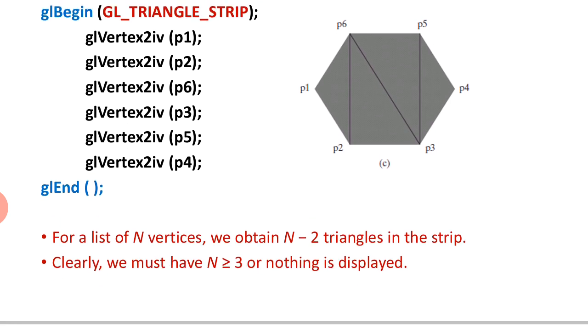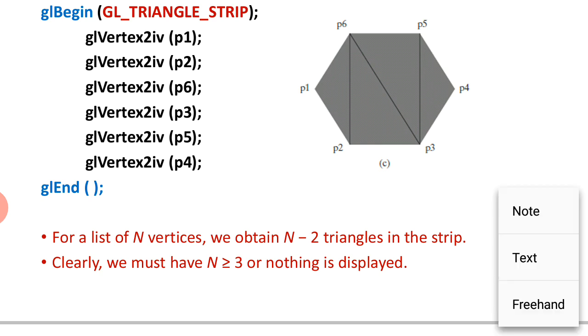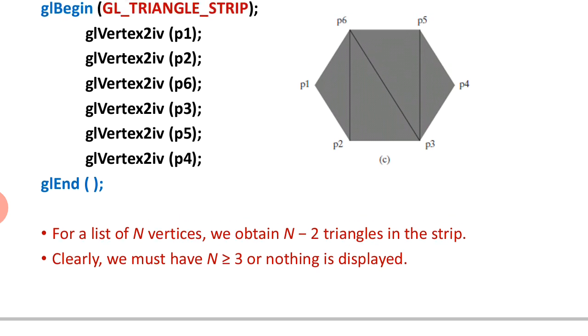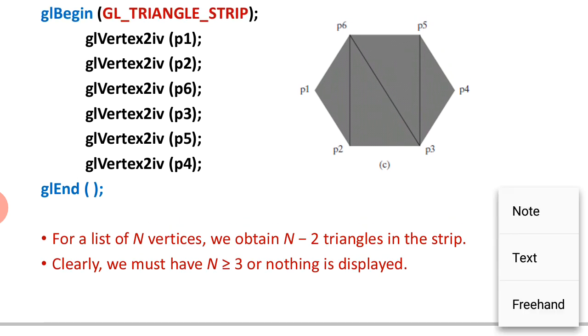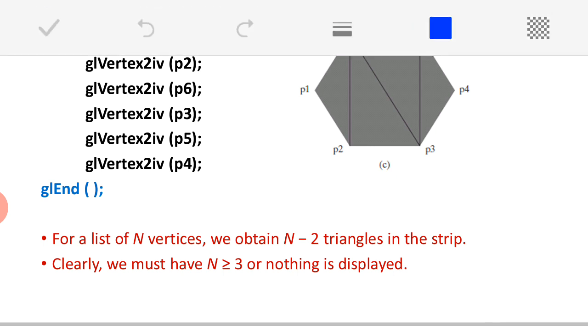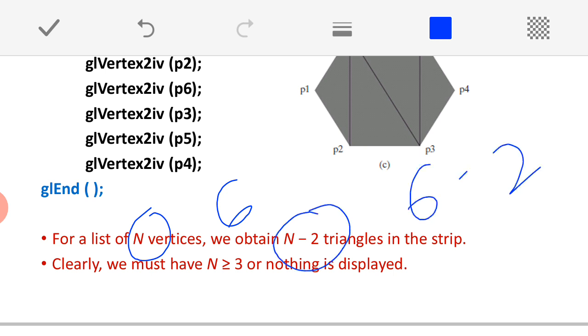Generally, for a list of n vertices, for example here, how many vertices have we taken? Six. So here n is equal to 6, is it clear? And how many triangles will we normally get? n minus 2, which is 4.